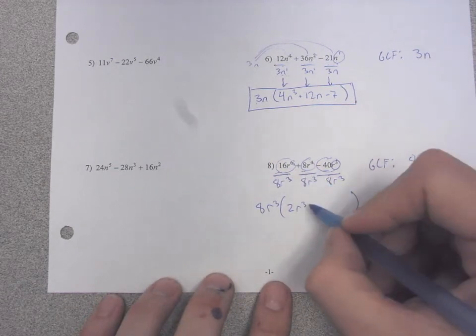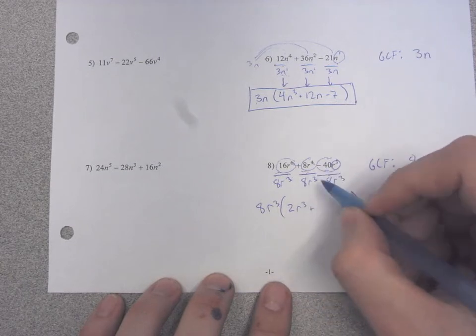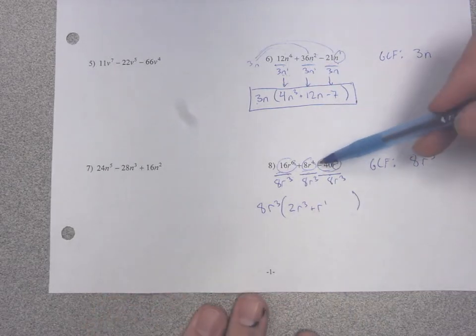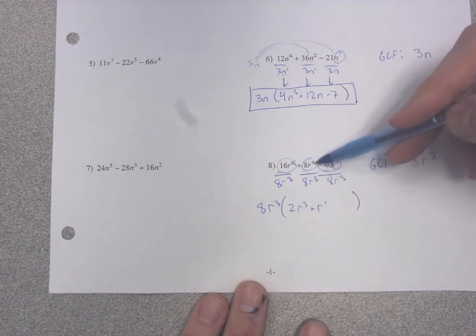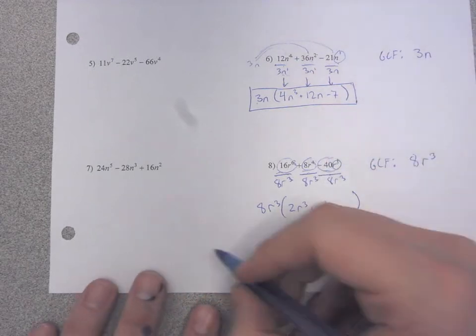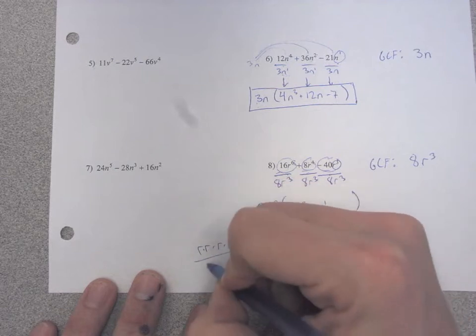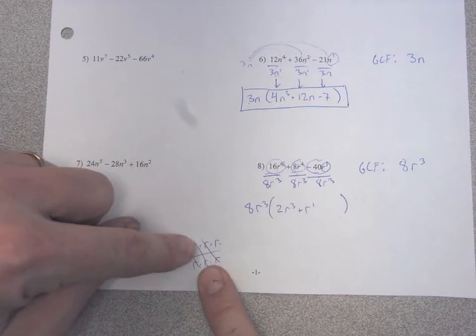Okay, 8 over 8 is 1. And then 4 minus 3 is 1, so we have r to the 1. Remember, this is the quotient property. The exponents actually represent repeated multiplication. So this r to the fourth over r to the third is actually r times r times r times r over r times r times r. And when you start canceling some r's out, you're like, oh, it's 4 r's to start with.